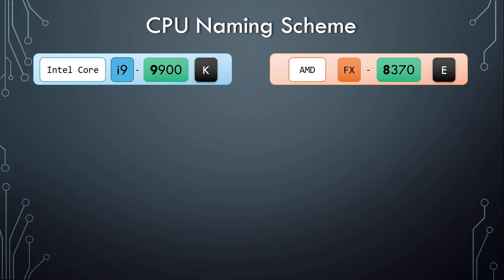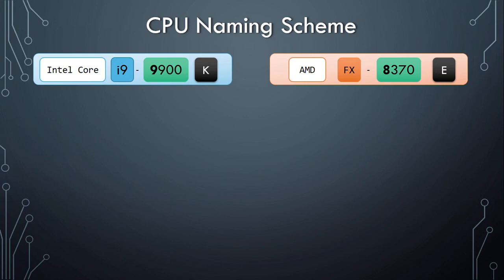The first 9, which is in bold, is the generation number, and the next 3 digits, that is 900, is known as the SKU, that is stock keeping unit, and it is a product part number. It is also followed by a character known as the product line suffix. Here in this case it is K.